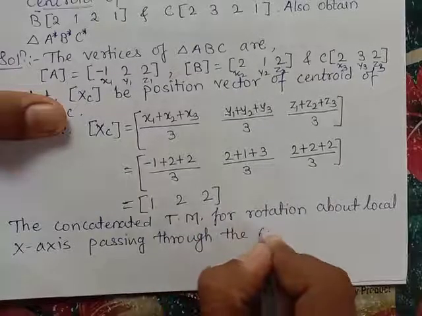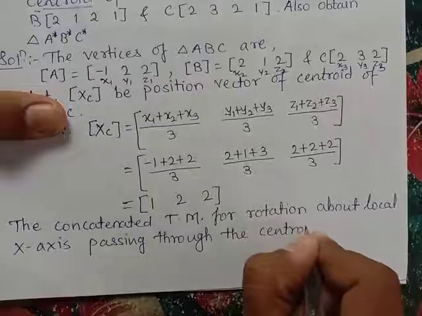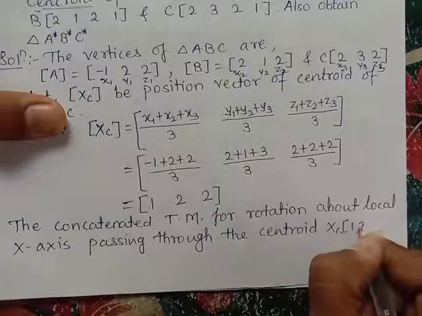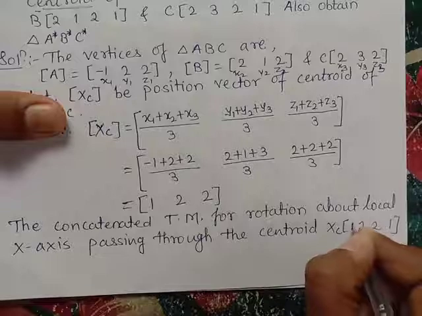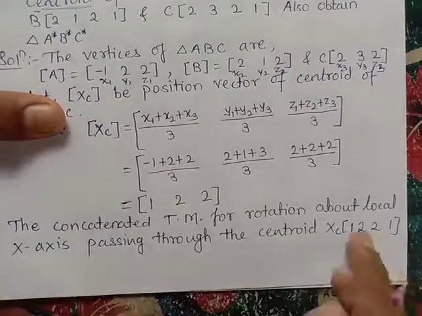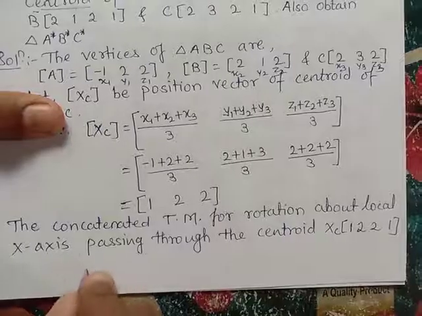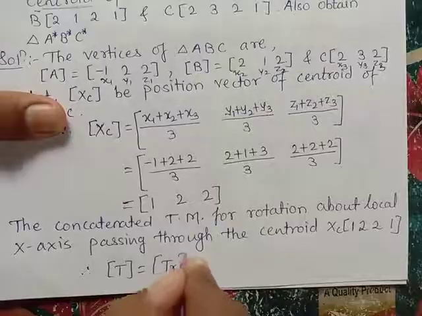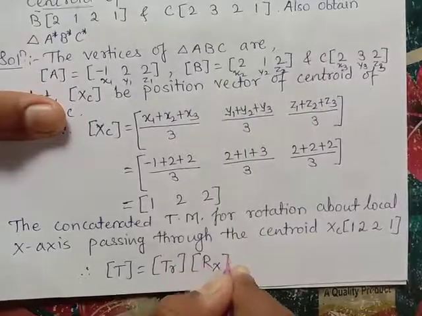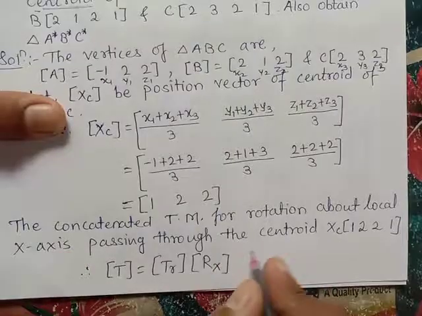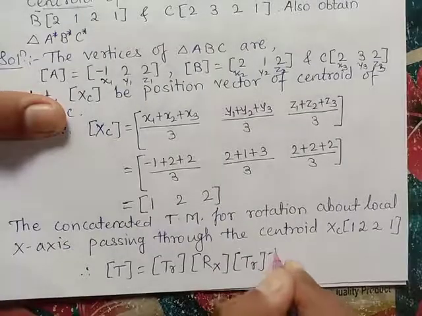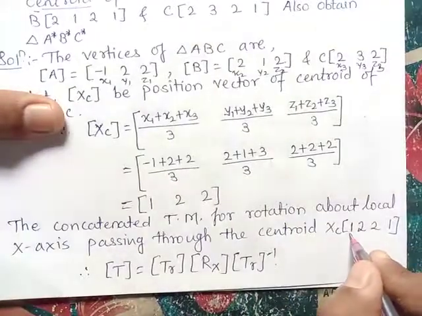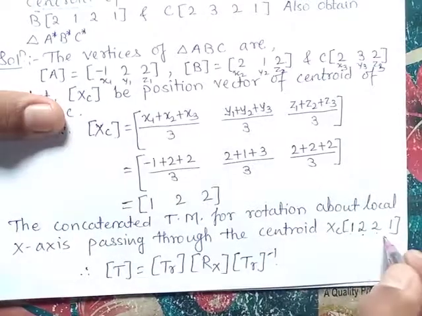What is that? XC is (1, 2, 2, 1), right? This is the centroid. Now compare this with our algorithm. Here the concatenated transformation matrix T is nothing but translation, then rotation through the x-axis, as we have to rotate through the x-axis, and then inverse translation. You know these matrices from the algorithm. Simply this is our x1, y1 and z1 according to the algorithm, right?